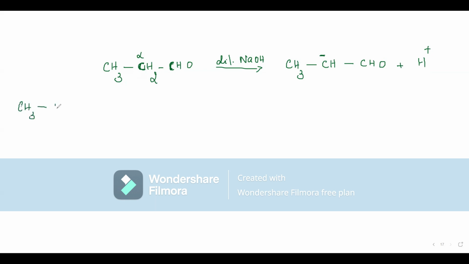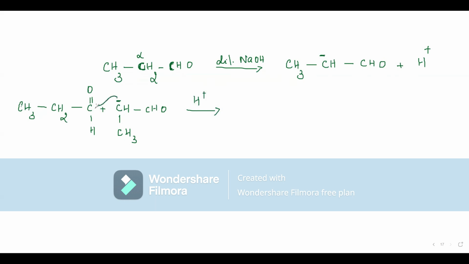Again, treat this with another molecule of propanal. And I need this carbon to attack the carbonyl carbon. So I'm writing my CH3 like this, CH3, CH, CHO. Now, H plus is also present. What is the first step?